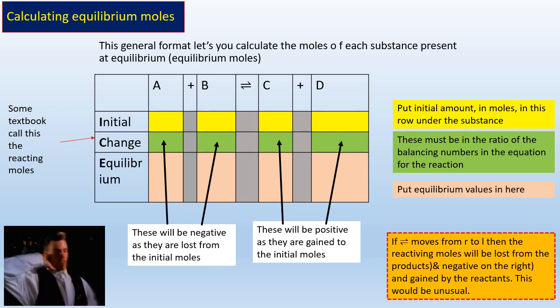We then note down the change in those moles. Quite often for A and B that will be negative because they react to form C and D, and the values for C and D will be positive. Then in the bottom row we have the equilibrium, the values present in moles at equilibrium. Normally we know an initial and a final value, and we use that to work out the change.